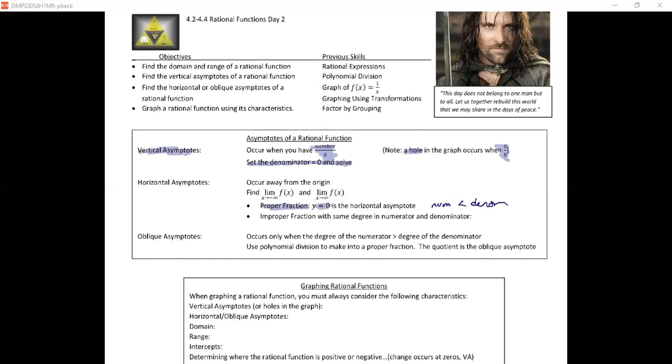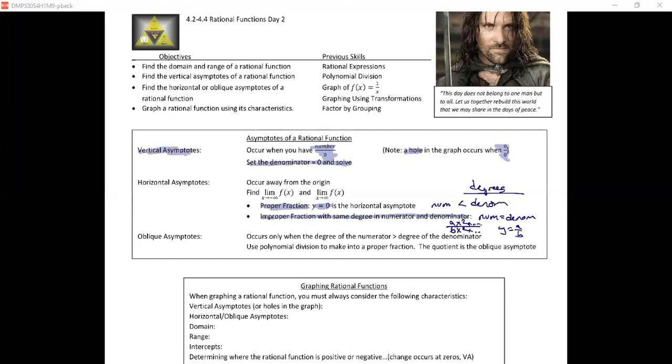And then if we have an improper fraction with the same degree in the numerator and denominator, so numerator degree equals the denominator degree, then what we do is we look at what's called the ratio of the leading coefficients. So if this is a times x squared over b times x squared plus whatever, y equals a over b is going to be our horizontal asymptote.